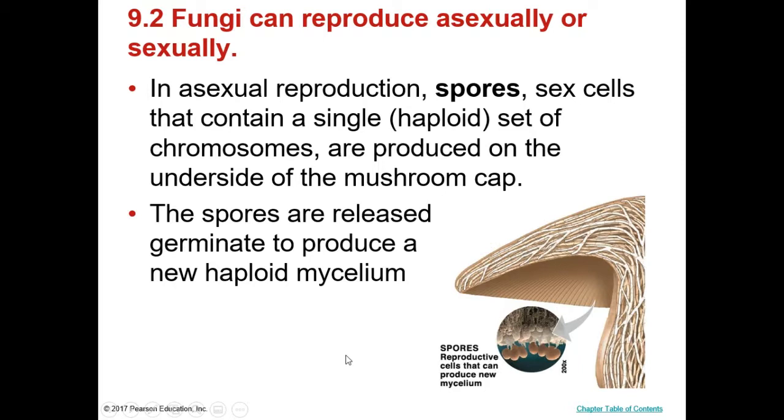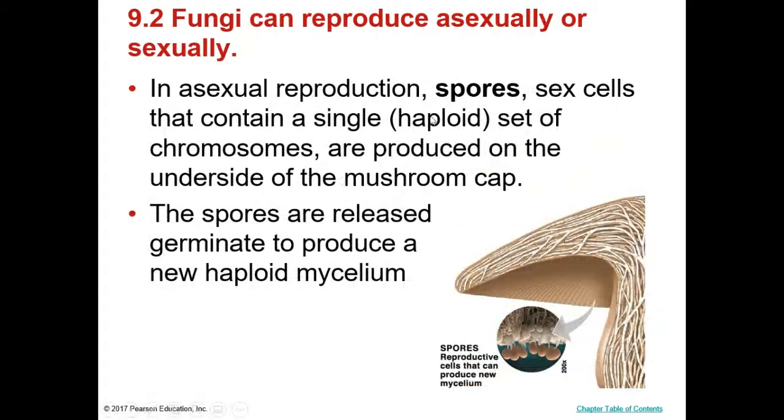But not to be confused with seeds. Spores are cells, and seeds are capsules that essentially contain what's going to give rise to an actual plant. So they're different. Spores give rise to new mushroom, whereas seeds give rise to new plants. In both cases, they germinate.